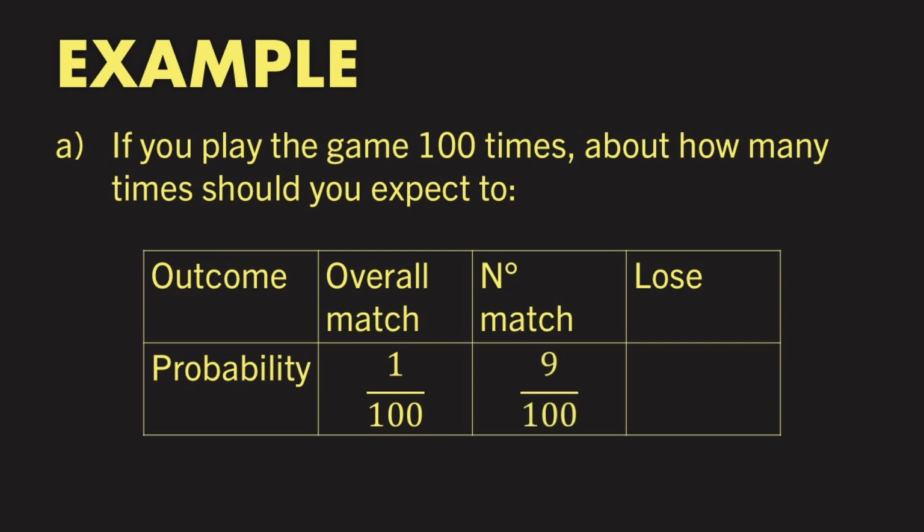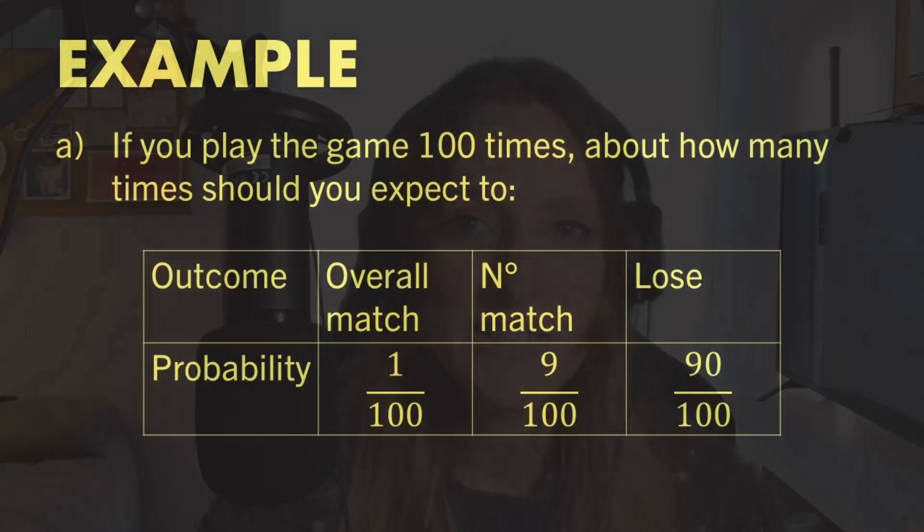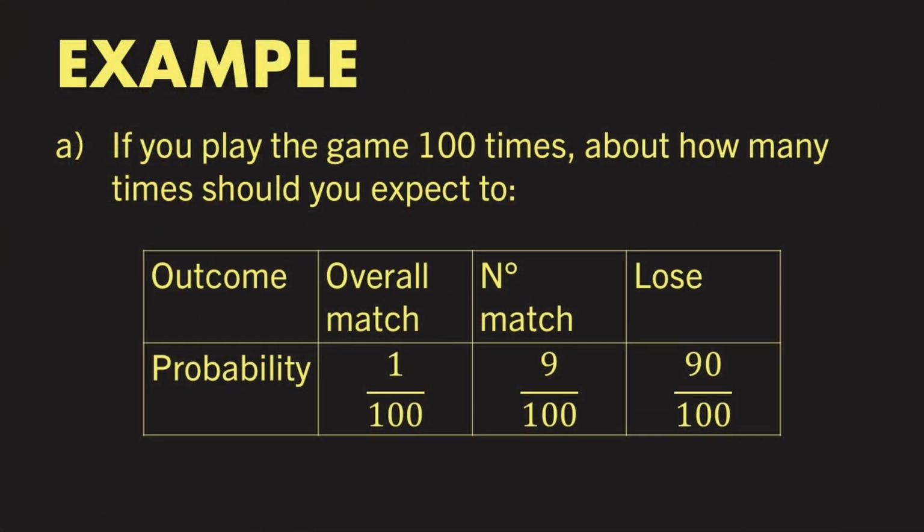It's not 10 over 100 because if I match the number with the letter, that's one of the 10 possible outcomes of matching the number, matching also the letter, so that one is included in the previous one. If I match only the other 9 numbers, then the probability of matching them is 9 over 100. And then the probability of losing completely would be 90 over 100.